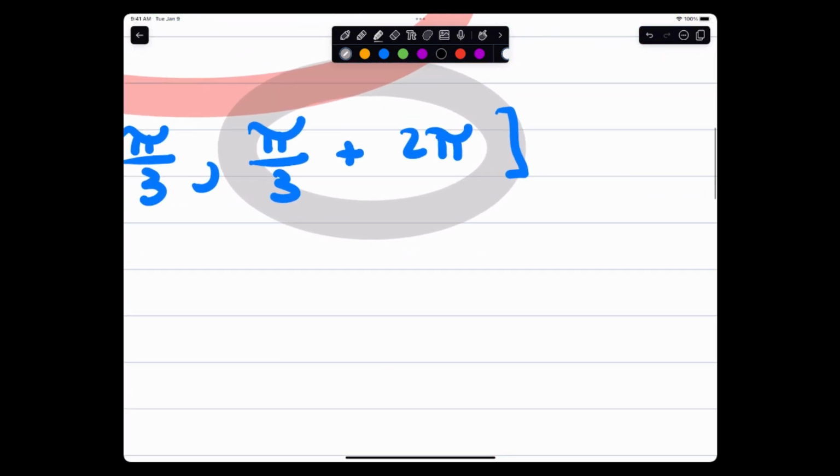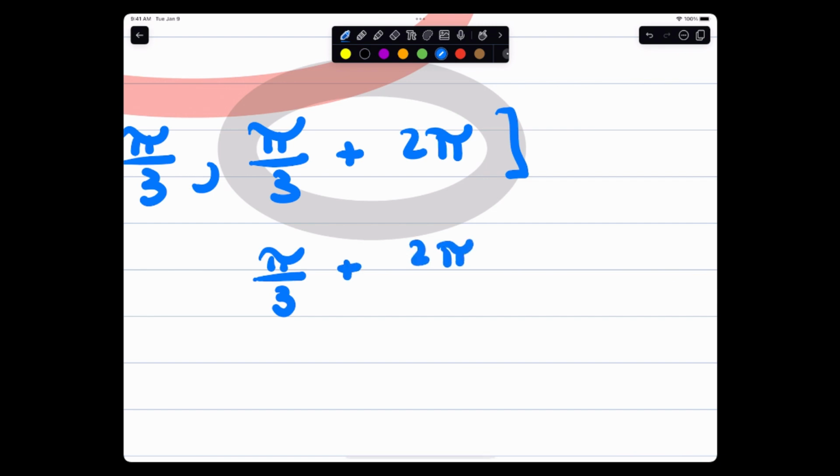So can I ask you guys that question? How do we add? You have to have the same common denominator, right? So you say pi over 3 plus 2 pi. Well, you can only add two fractions, so convert this to a fraction. You guys remember that? Now, here's that secret. You see the denominator is 3?